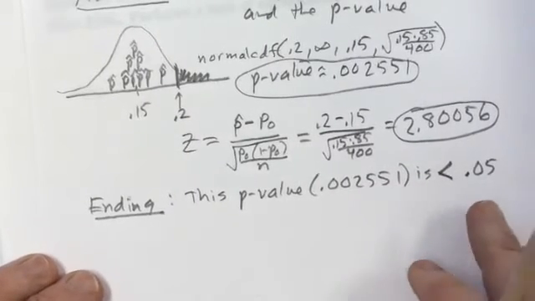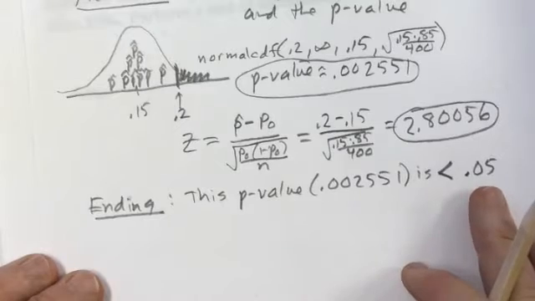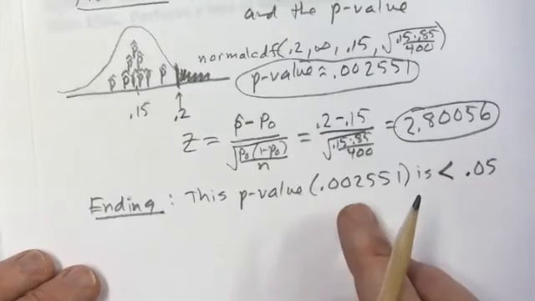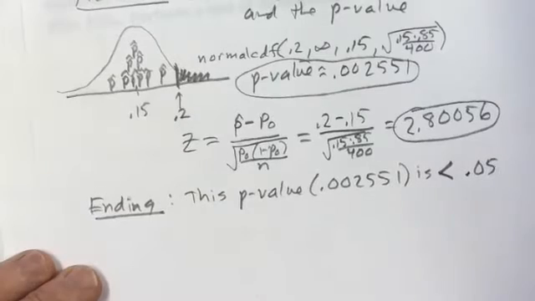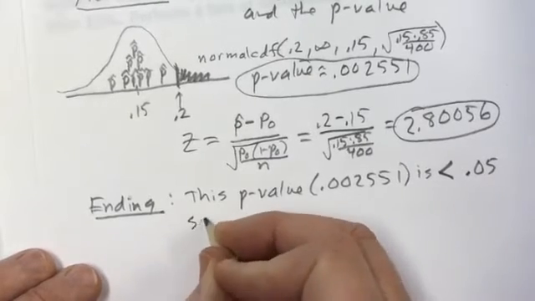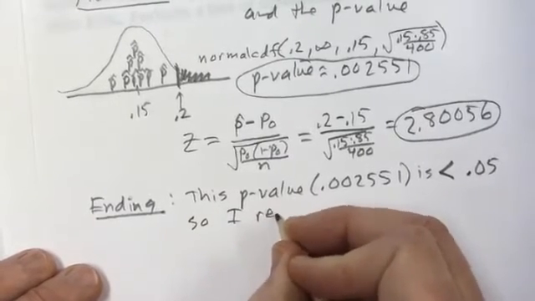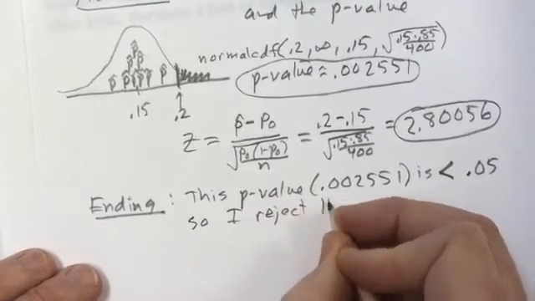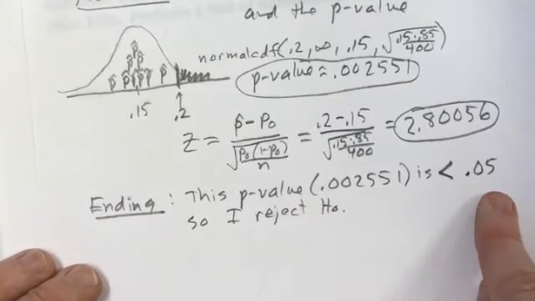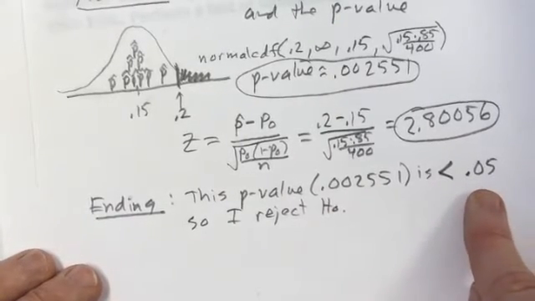So we're going to compare it to our alpha value, which is a value that is just given to you, and if your p-value is below that, you reject the null. Okay, you have evidence against the null. So this p-value is less than 0.05, and if they don't give you an alpha value, you use 0.05. So I reject the null hypothesis. If the p-value was above 0.05, you would not reject it. You fail to reject it, and that's what you would say.